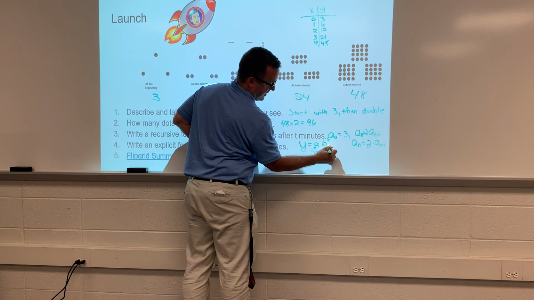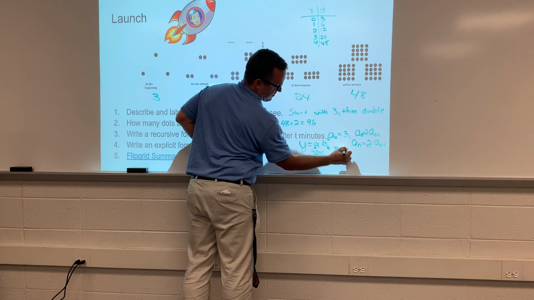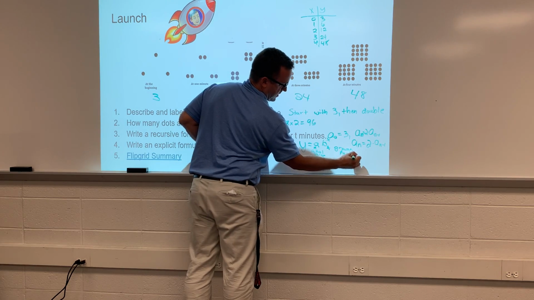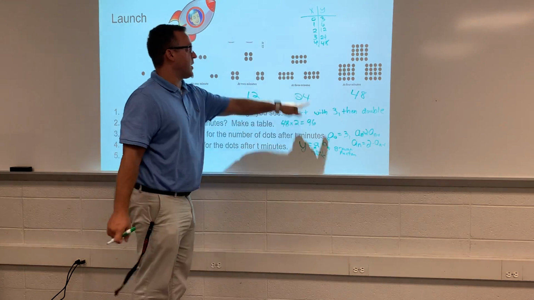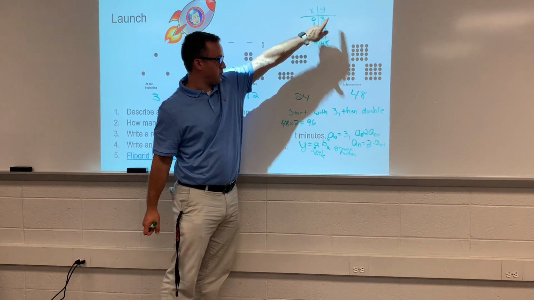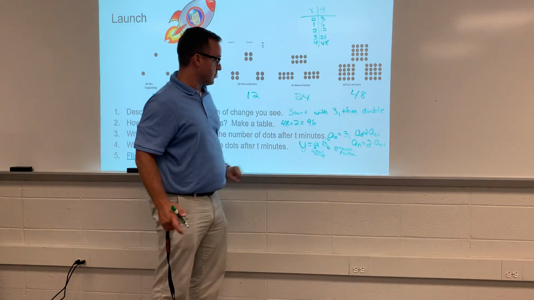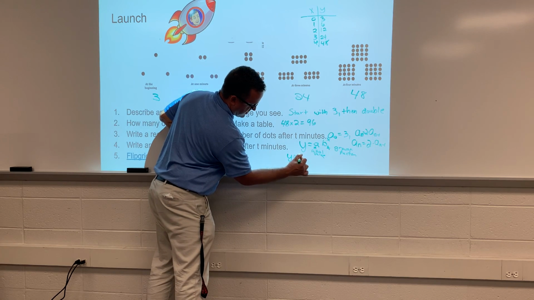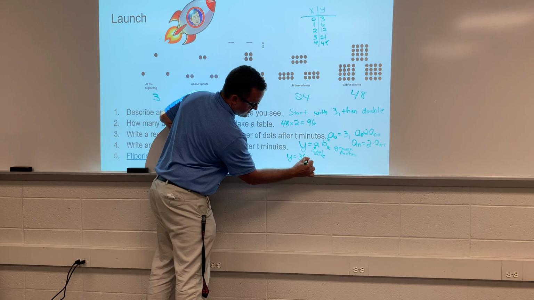And then b was your growth factor. So in our situation, our initial value was 3 and our growth factor was 2. So we'd say this is y equals 3 times 2 to the x.